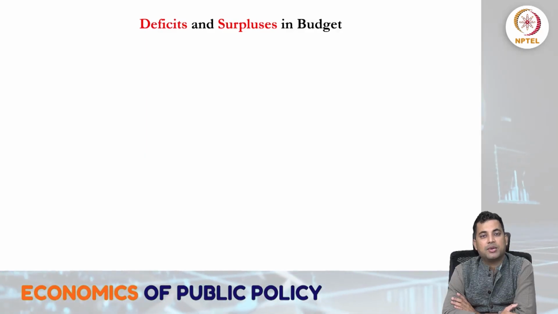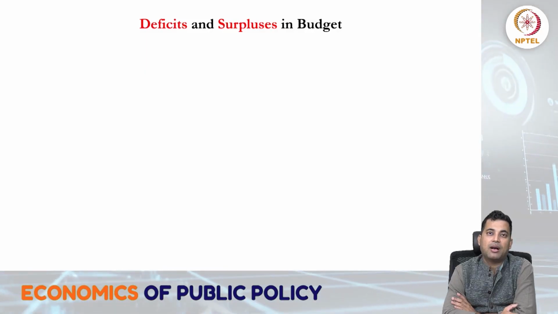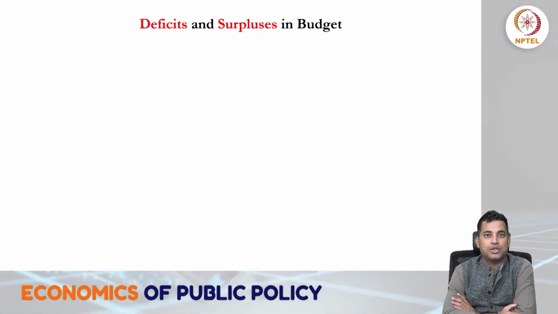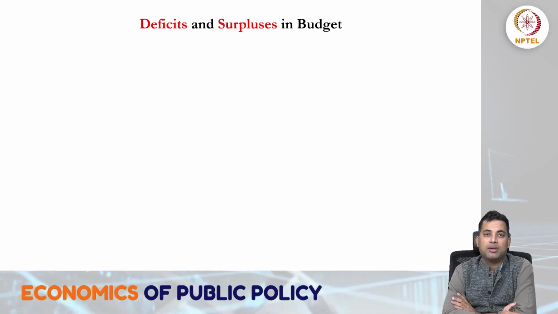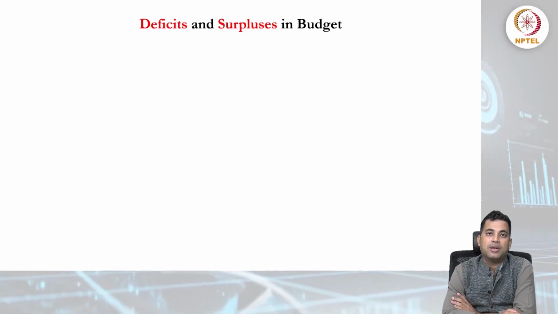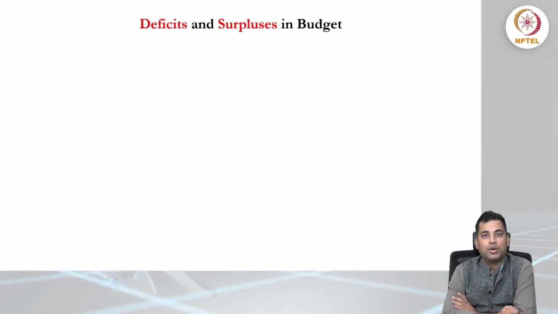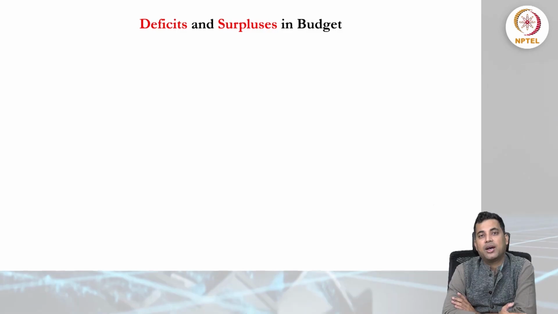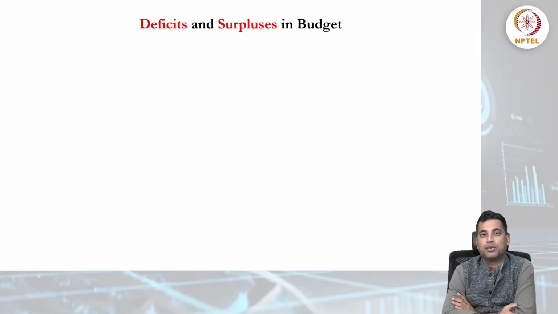We also discussed the tax multiplier and the government multiplier, and in our last discussion we stopped at the balanced budget multiplier, where we showed that an equal amount of change in government expenditure or taxes has an equal effect on the total output.